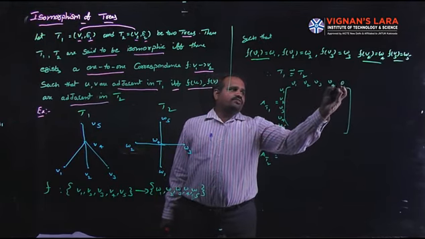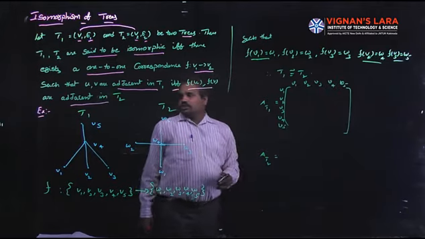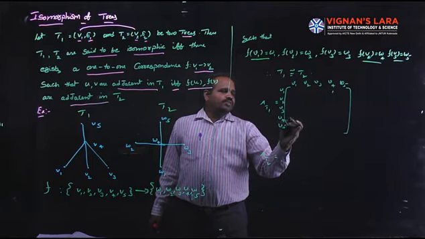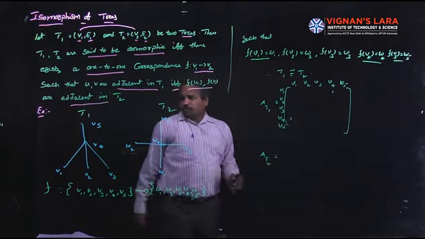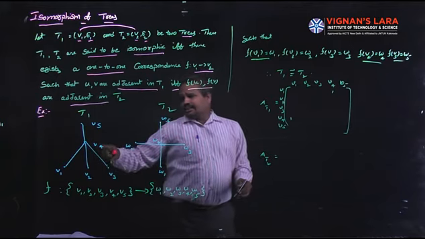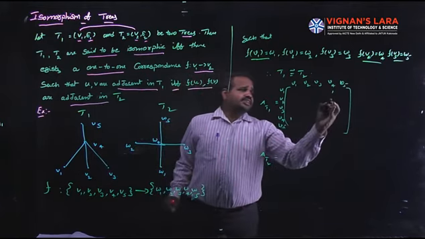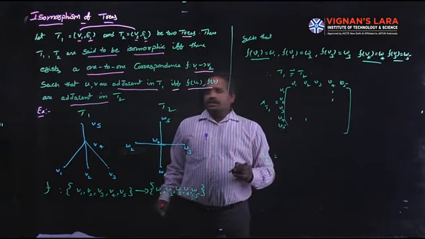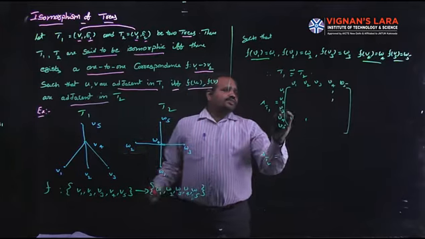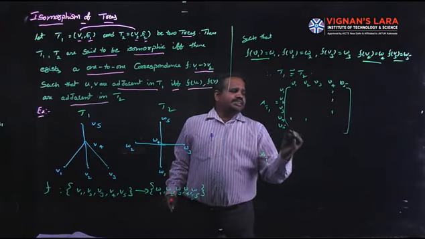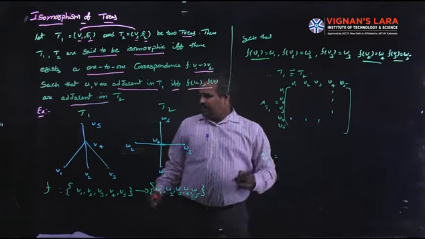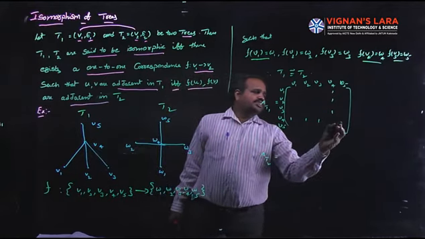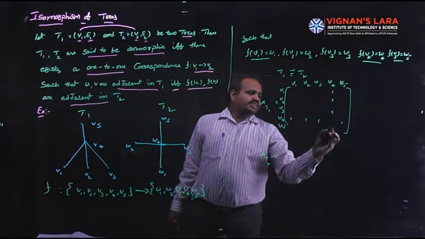Now check: V1, V4 are adjacent, so V1, V4 is 1 and V4, V1 is 1, because it is an undirected graph. Next, V2, V4 and V4, V2. Next, V3, V4 and V4, V3. Next, V4 is adjacent to V5, and V5 is adjacent to V4.